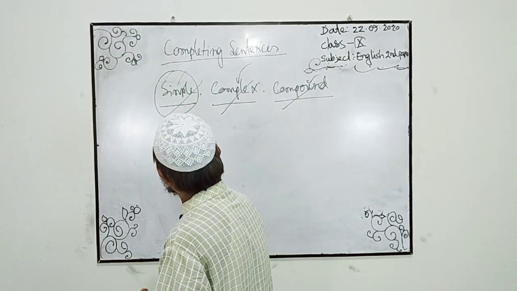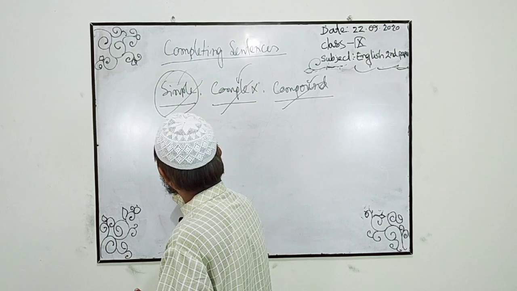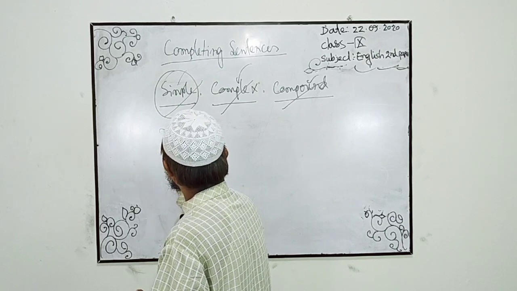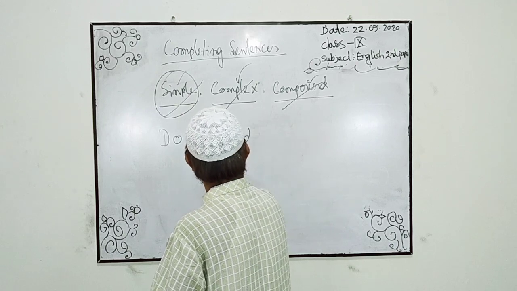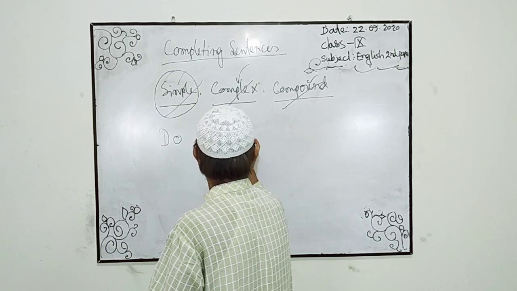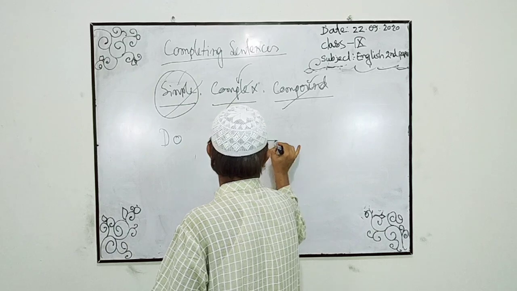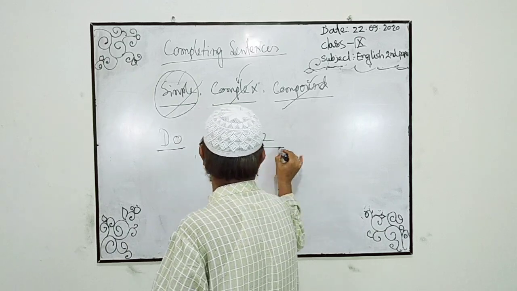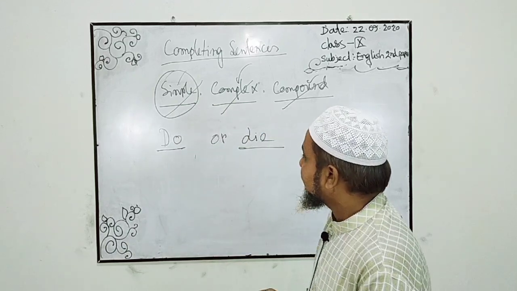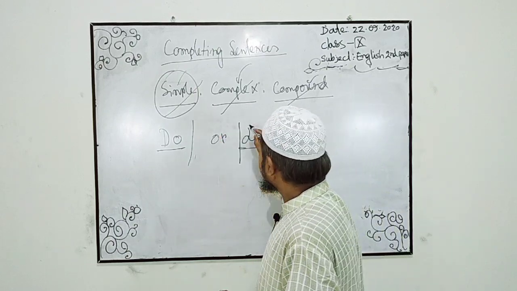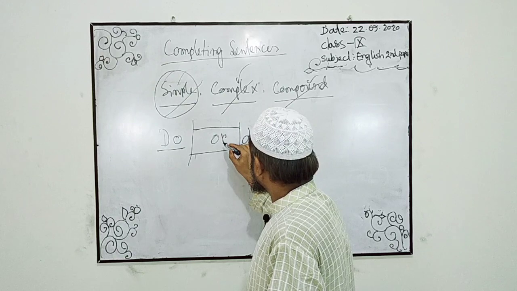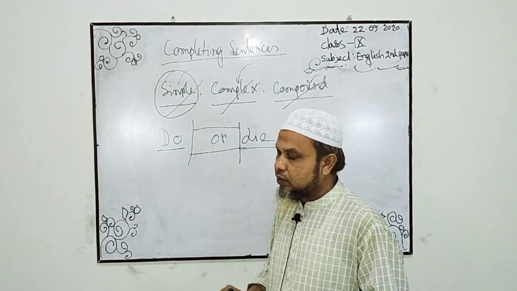Look at the board, then you will find "Do or die." Here "do" and "die" are two words. That means it's a compound sentence and it is connected with "or."